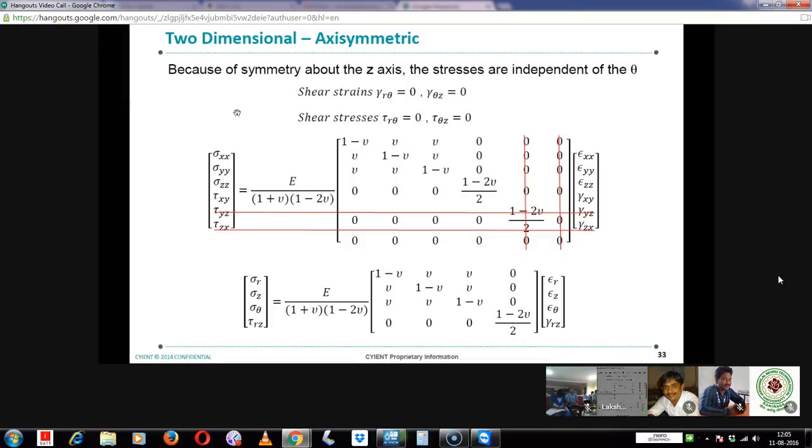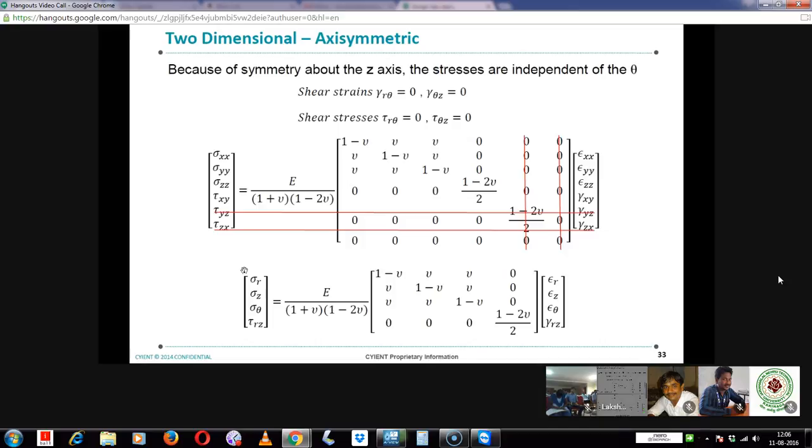Now let us look into the axisymmetric formulation, how it can be simplified from the 3D problem. Because of symmetry about the z-axis, the stresses are independent of theta. So all the shear strains and shear stresses associated with theta will be zero. We can take those out directly.